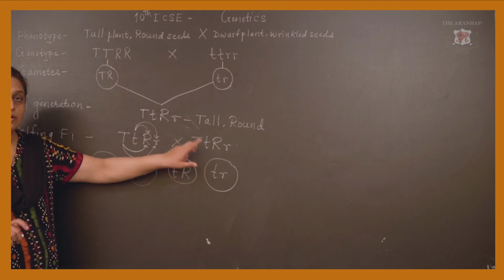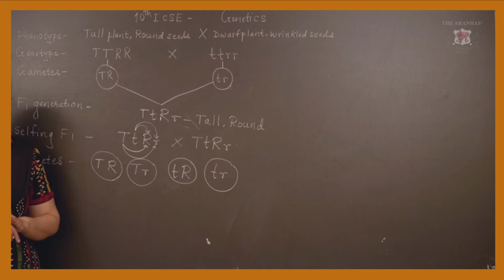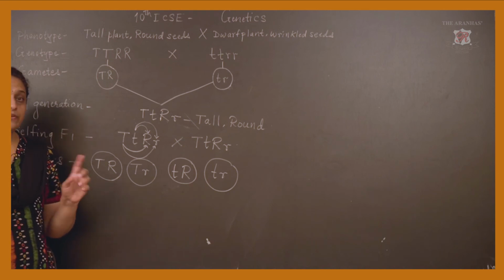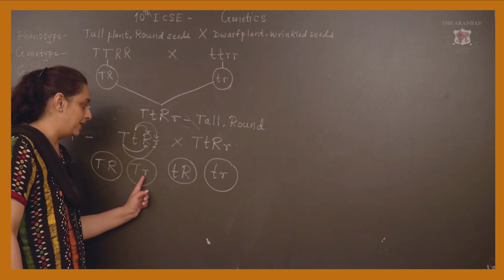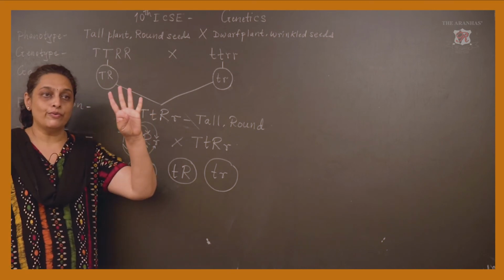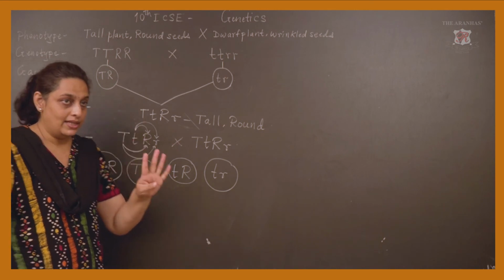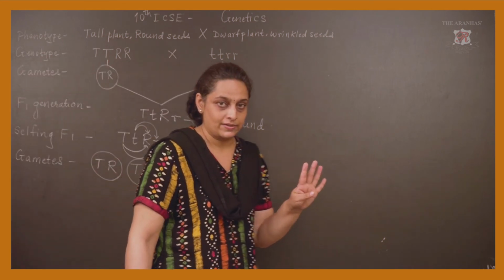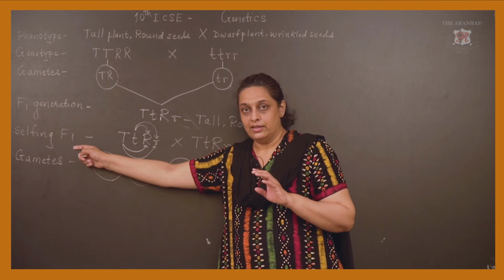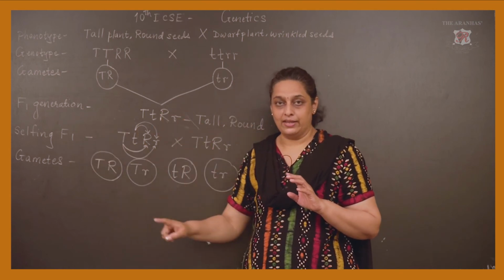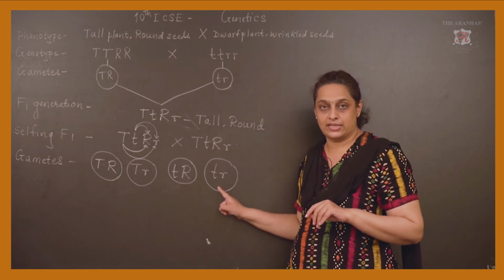Now this parent will also produce gametes in the same manner. If it is a dihybrid cross, the F1 hybrid produces 4 gametes. Students, I am repeating this: in a dihybrid cross, the F1 generation after selfing produces 4 types of gametes.